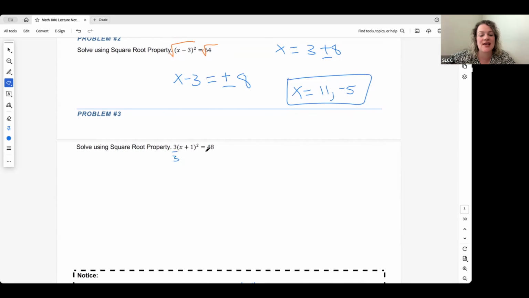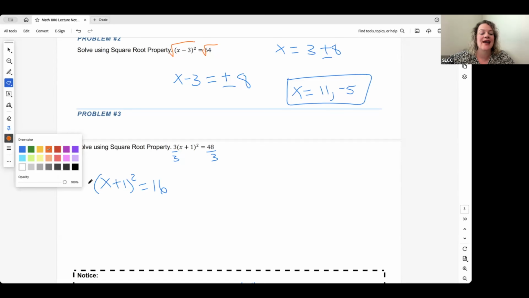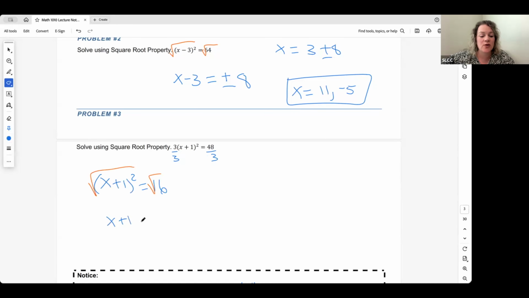So the first step here is to divide both sides by 3, which leaves me with x plus 1 quantity squared equal to 16. Now that I've isolated the square, I can take the square root, remembering plus or minus. So x plus 1 will equal plus or minus the square root of 16, which is 4.